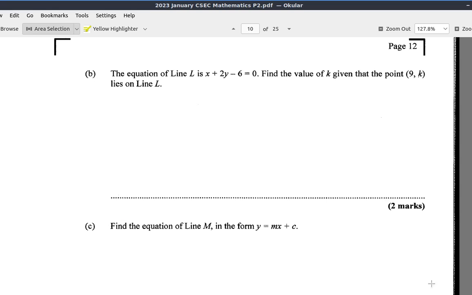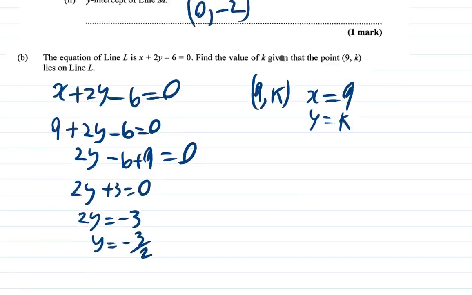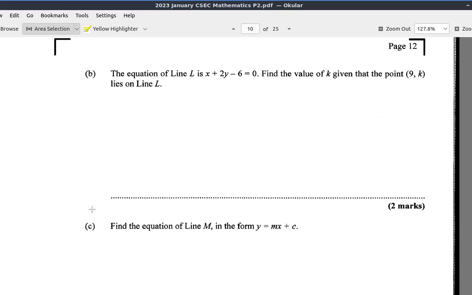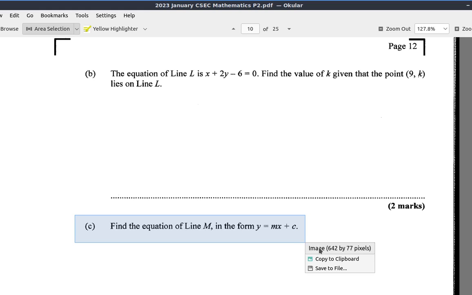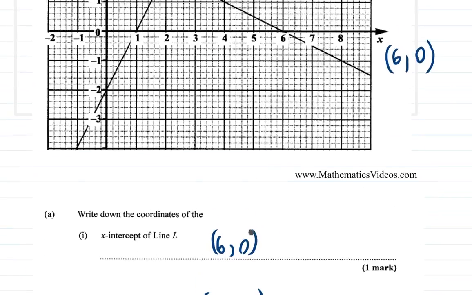Now the next thing. Find the equation of the line M in the form y equals mx plus c. Alright, so let's see. Oh, we didn't copy that. Let's copy part C and put it over here. Where did it go?